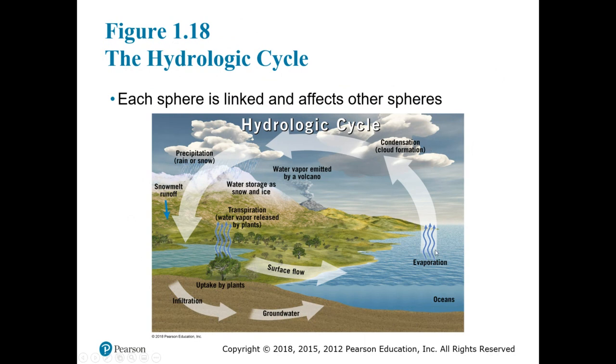We have the hydrosphere involved because we're talking about water that's being cycled through. We have the biosphere related because all of this grass and trees, they need water to be able to survive. And then we talk about the geosphere because we're looking at groundwater that's underground below the surface of the Earth.